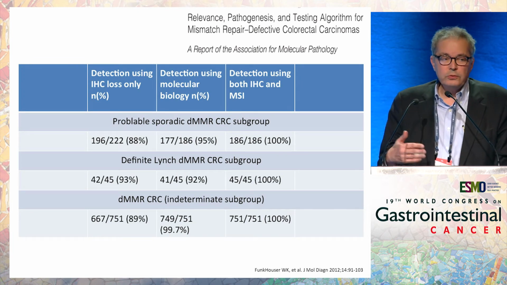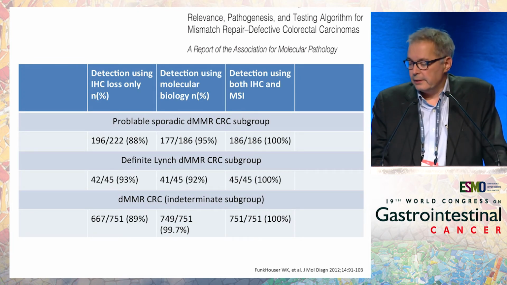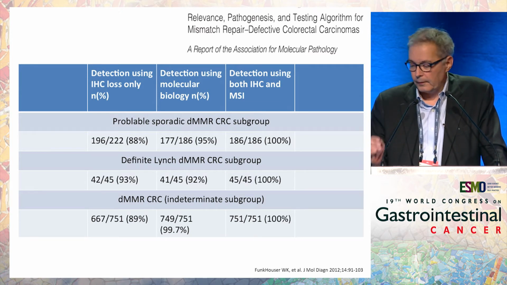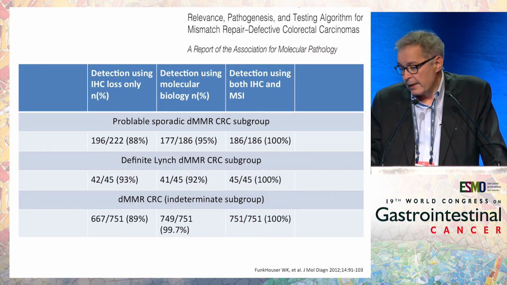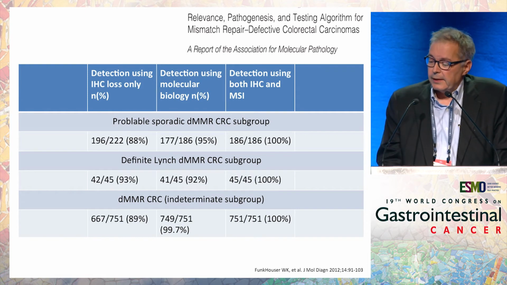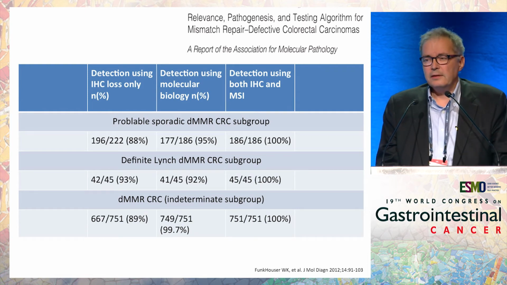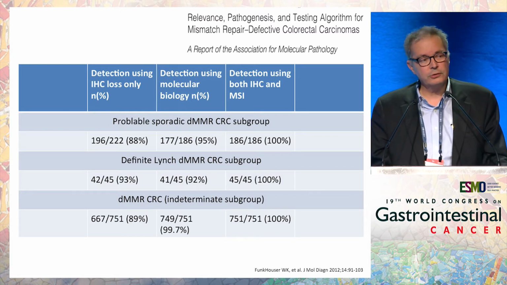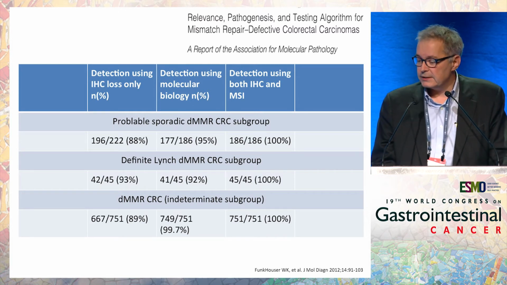So these 2 tests have been compared between them. And in fact, the efficacy of the test to recognize the MSI phenotype depends on the population you considered, as you can see in this slide.